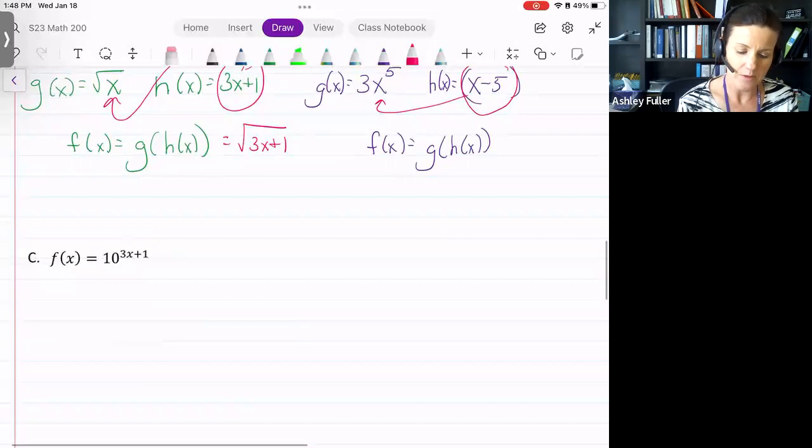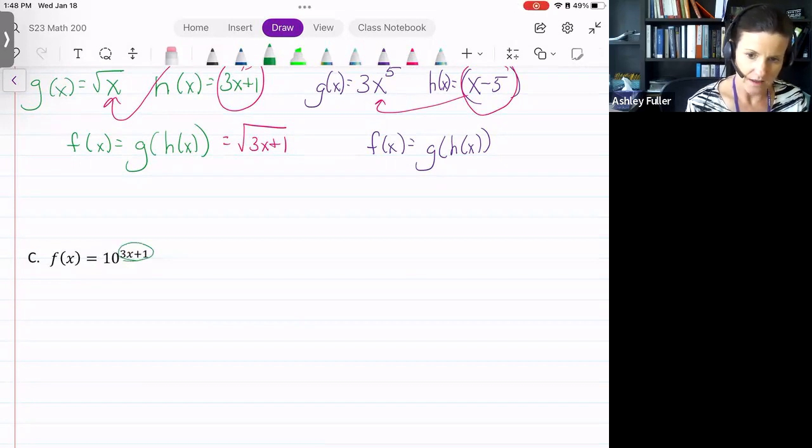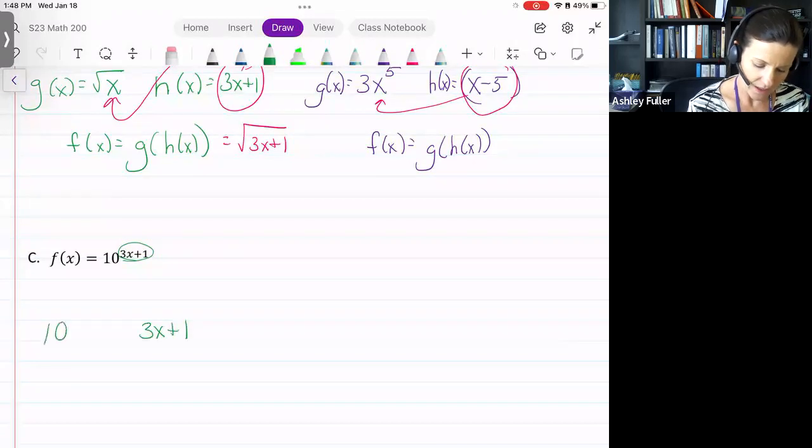As a final example, and these just take some practice, here I want to notice this function here. That's one portion that I'm dealing with. So I have 3x plus 1. And then I also have 10 raised to that power.